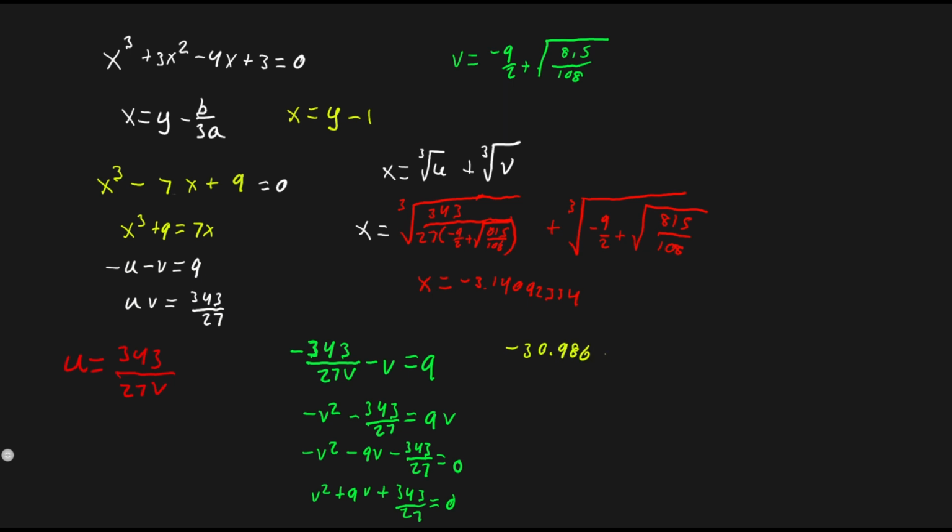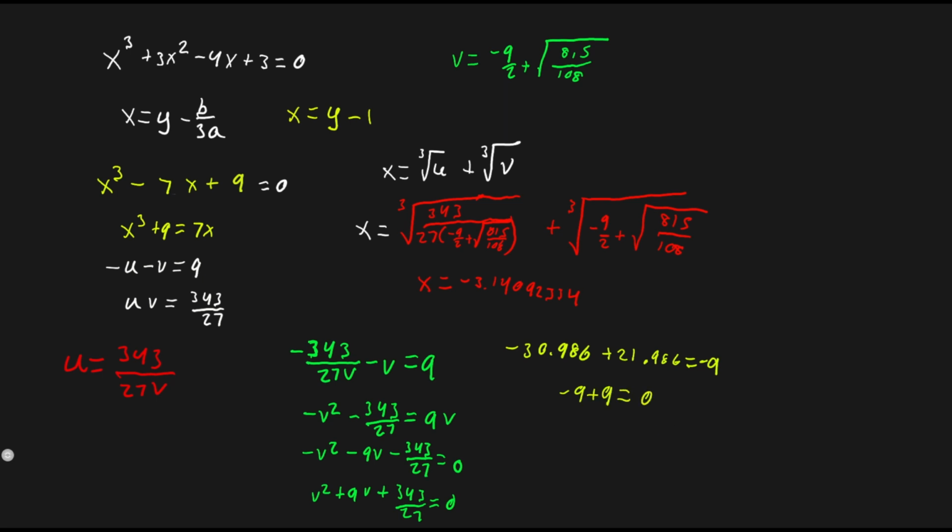We're just going to write the first 3 digits, minus 7 times that, plus 21.986 is equal to 9. Or no, it's -9. So we have -9 plus 9 is equal to 0.